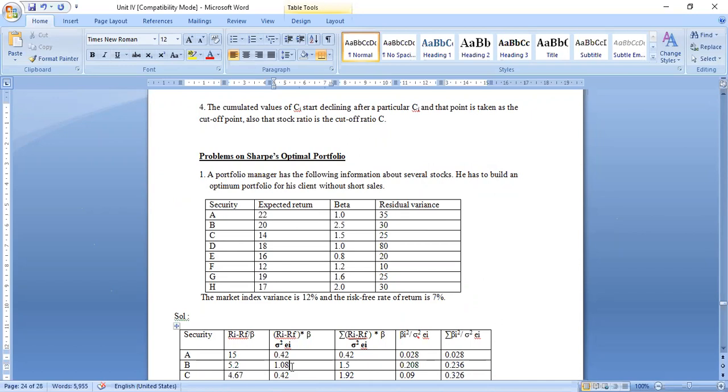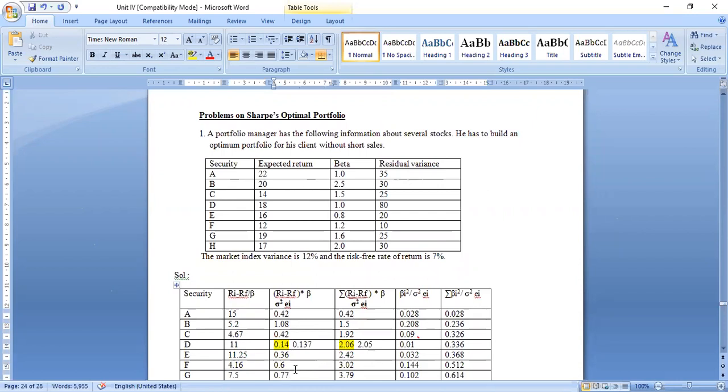Now for the second security, you have 20 minus 7 divided by 30 into 2.5. That will give you the value as 1.08. Then for security C, you have 14 minus 7 divided by residual variance 25 into 1.5. That will give the value as 0.42. As here I had taken the value as 7.33, the calculated value further was 0.14. So that value will change here.